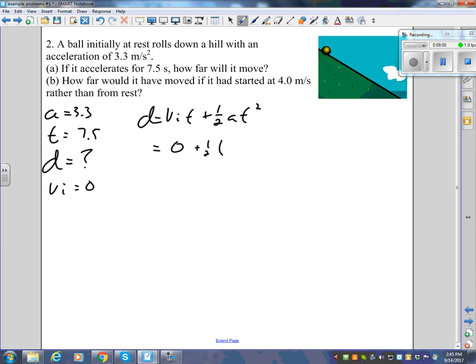Plus 1/2 the acceleration, 3.3, times the time, now this time it's 7.5 squared. 7.5 squared is like 56 something, times 3.3, times a half.